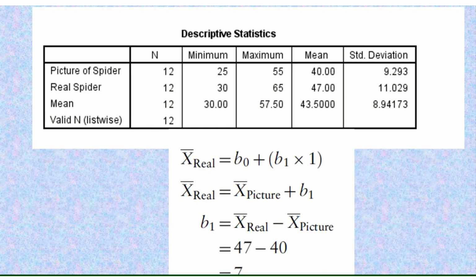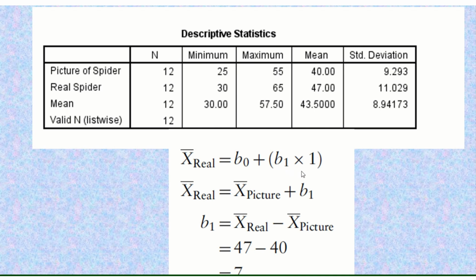Now, this time let's try the other outcome or the other dependent variable, which is the real spider. Using dummy variable, we will be replacing the code for the group. Instead of 0 earlier, this time we will be replacing it with a value of 1. So let's continue. The mean of the real spider is equal to b sub 0 plus b sub 1, multiplying it with the value of 1.